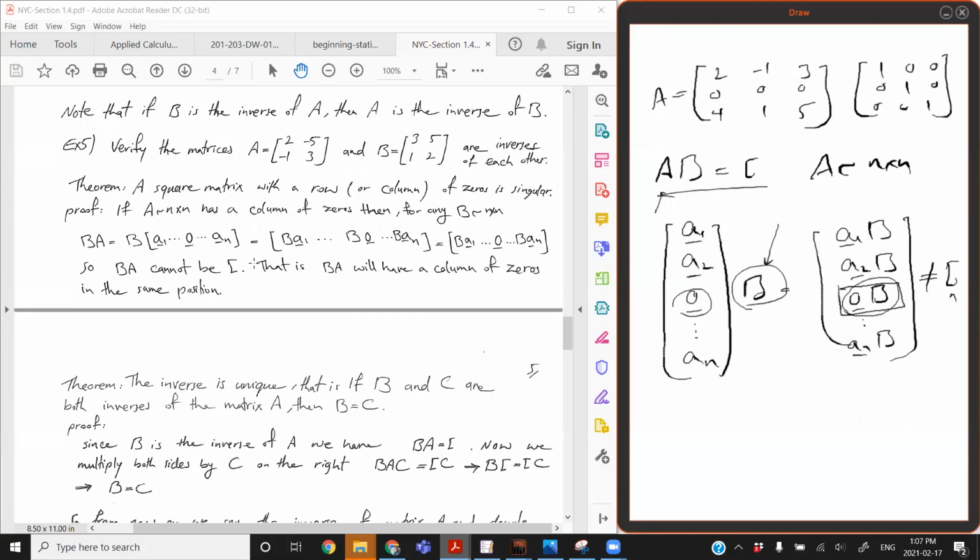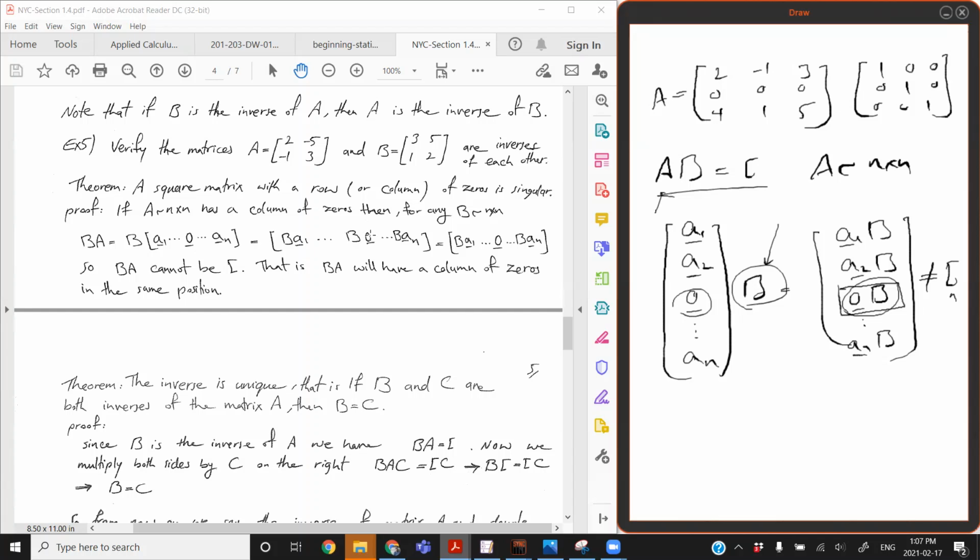And you can do the same thing for columns. So if A has a column of zeros, as I'm showing you here, then if you assume that such a matrix B exists, so that BA is I, then BA would be B times A, and you can partition A by the columns. Then that would be BA1 and then BA2 for the second column, BA3 for the third column.